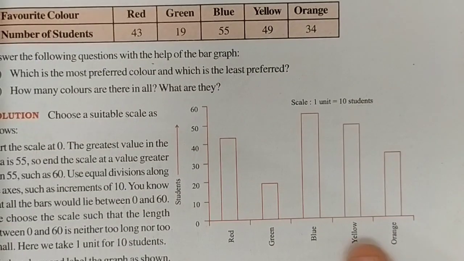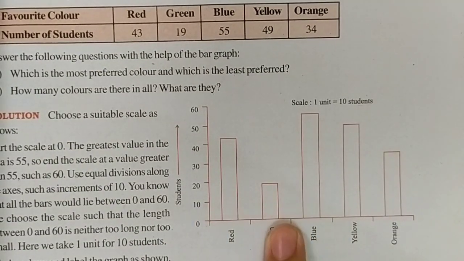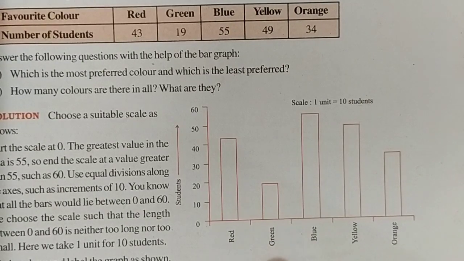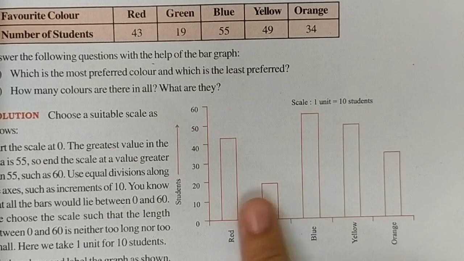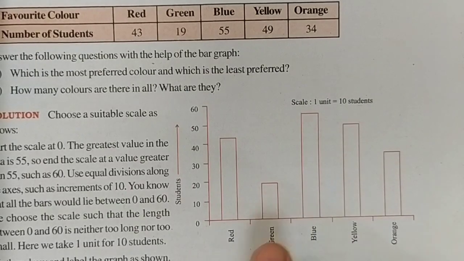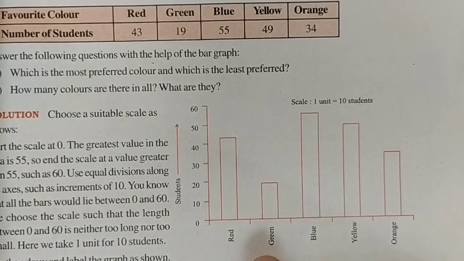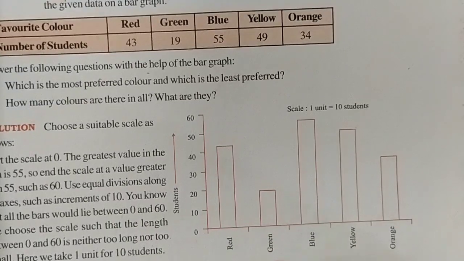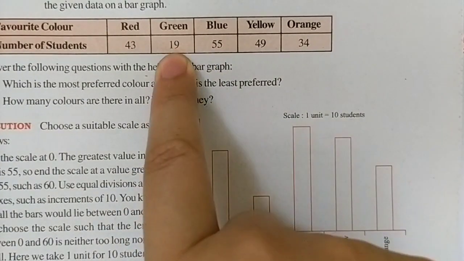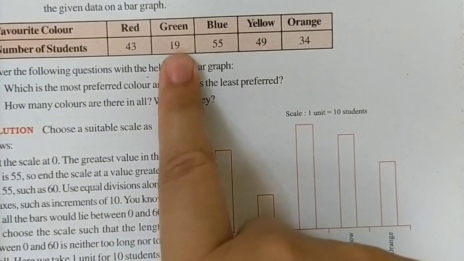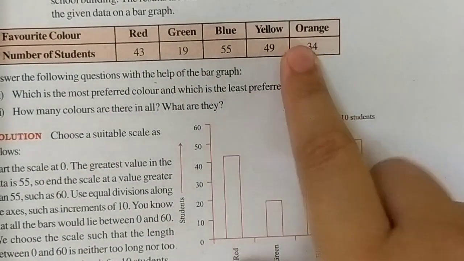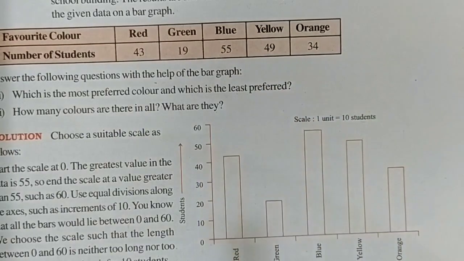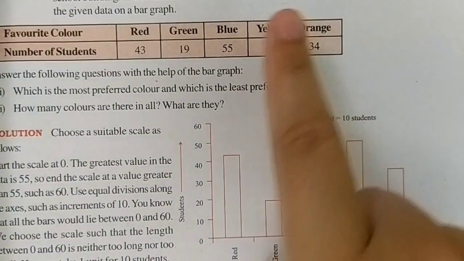Like here you can see that the height of the color green is minimum. It means the green color is liked by the least number of students. Here you can also see that only 19 students like the green color. So I am taking this example to draw this bar graph.